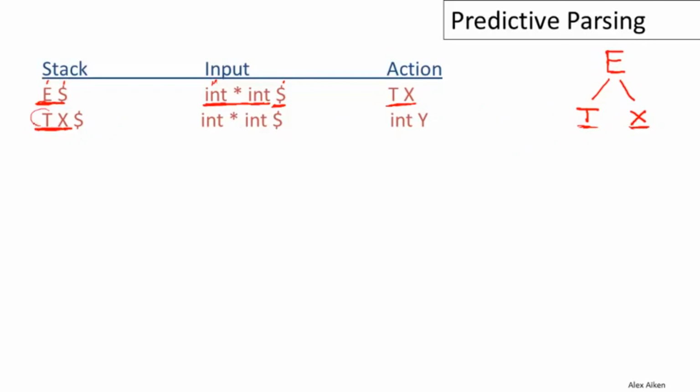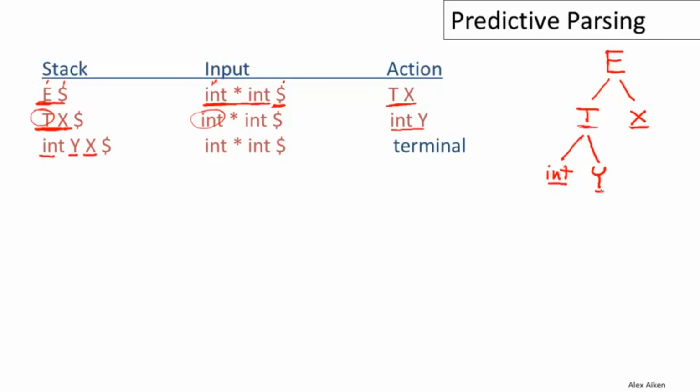And now if we look at the T, int entry, it says to use T goes to int Y. And so now we can expand T by int Y. And now T is popped off the stack, int and Y are pushed onto the stack, and now notice the stack is int Y X from top to bottom. The frontier of the parse tree is int Y X.